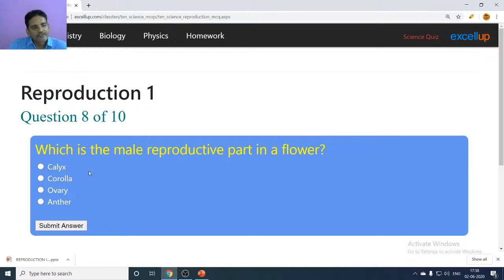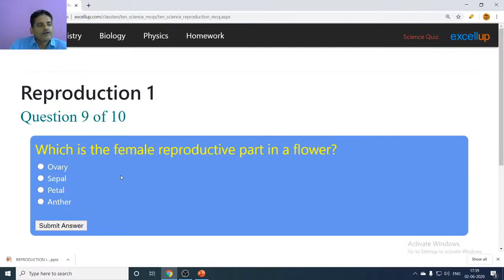Or sometimes calyx, corolla, androecium, gynoecium will be given. Yes, very good. D is the correct answer. Anther. It is also called androecium, the male reproductive part of the flower. Ovary, gynoecium, the female reproductive part of the flower. Calyx and corolla are the first and second whorls, sepals and petals.